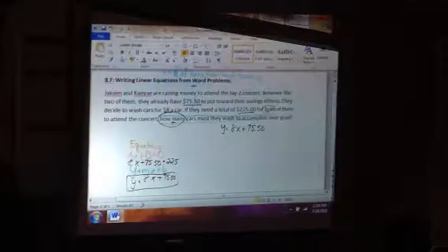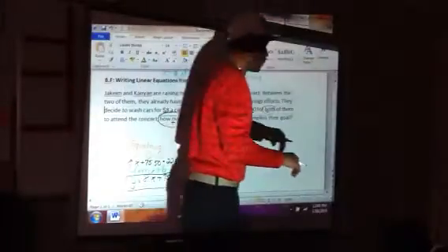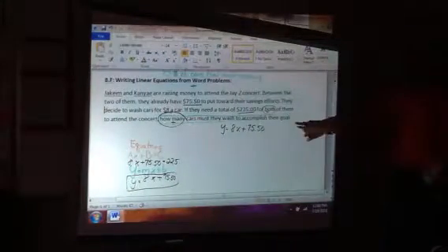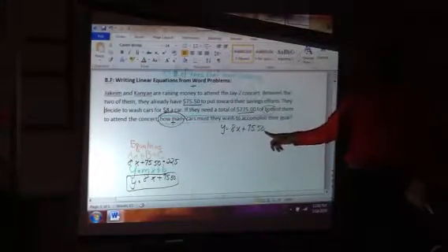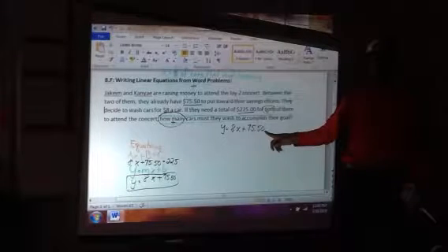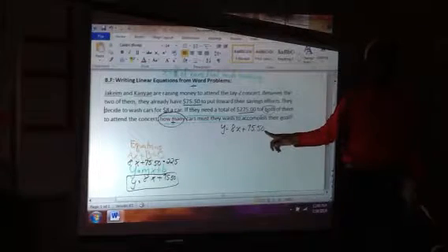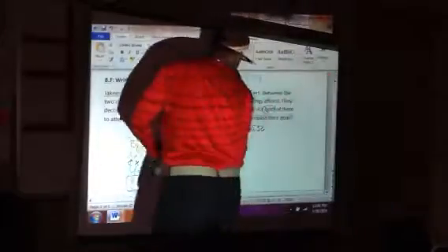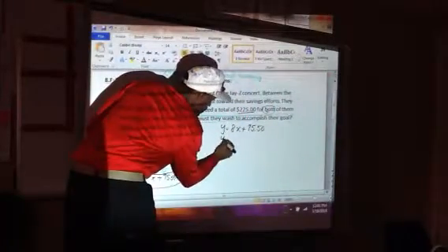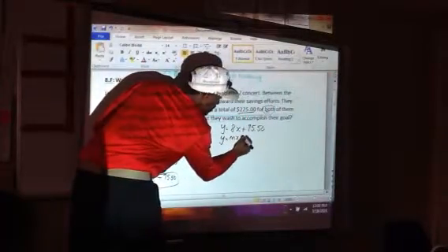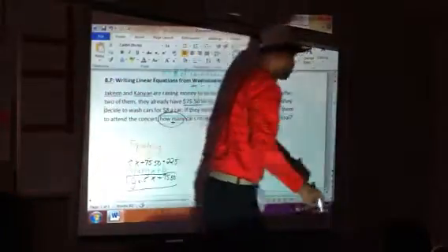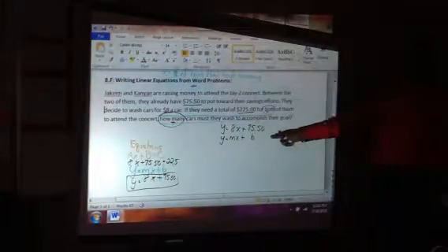Okay, let's interpret this equation right quick. What is this number called? Think about it, I'm going to graph it. That's my b, right? So if I'm doing y equals mx plus b, what do you call the b?